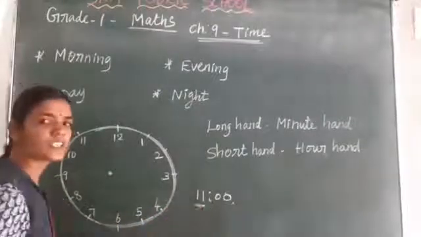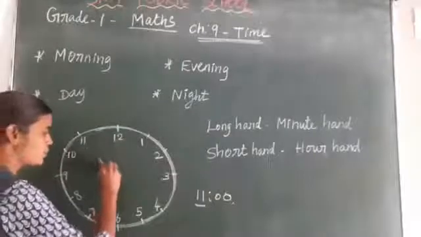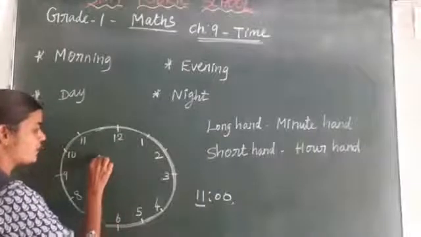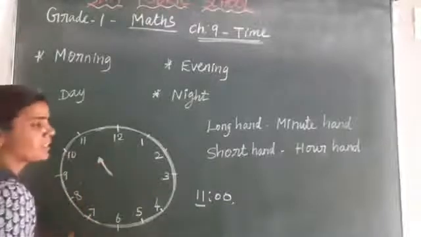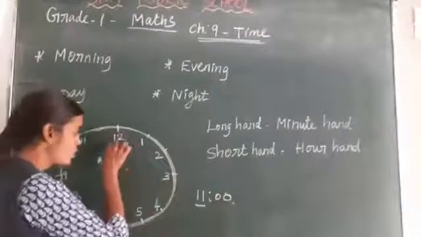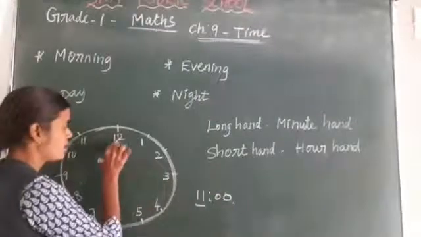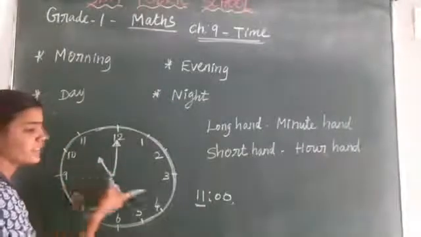The short hand shows which number? 11. So you have to draw the short hand at number 11. Next, the minute hand. 0 means 60 minutes, so you have to show it at 12.